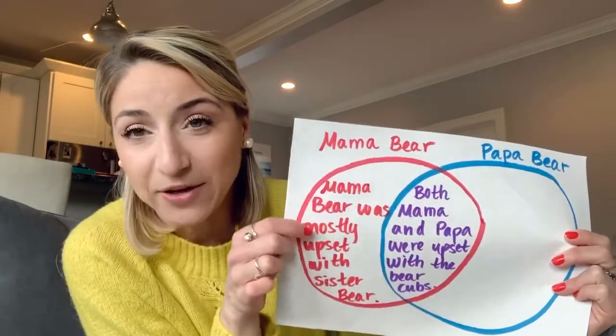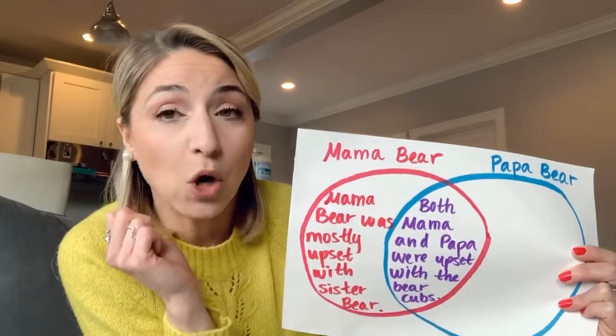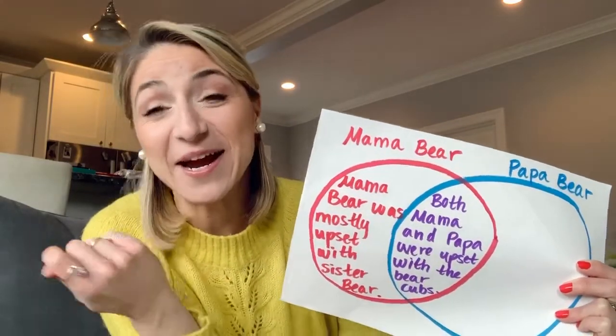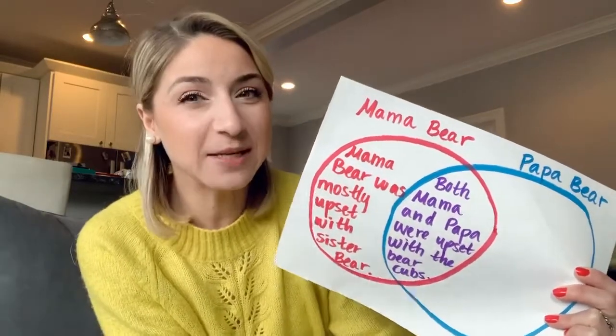Now that I'm thinking about it too, thinking that Mama Bear was only upset with Sister Bear, I'm remembering that in the story, Papa Bear was mostly upset with Brother Bear. He wasn't really arguing with Sister Bear as much. So in my blue Papa Bear color, I'm going to write on his side of the Venn diagram, Papa Bear was mostly upset with Brother Bear.